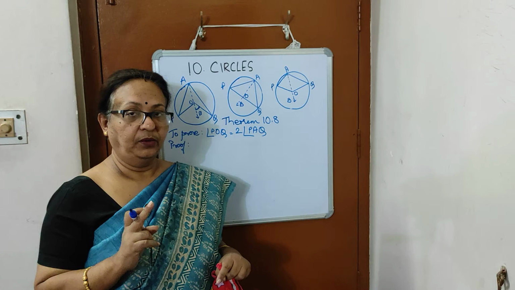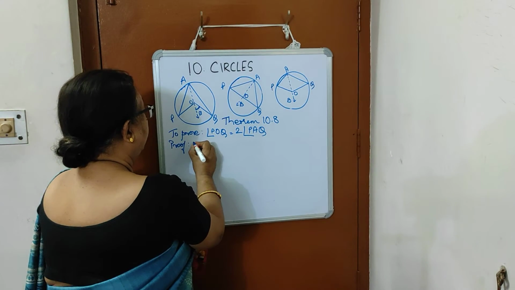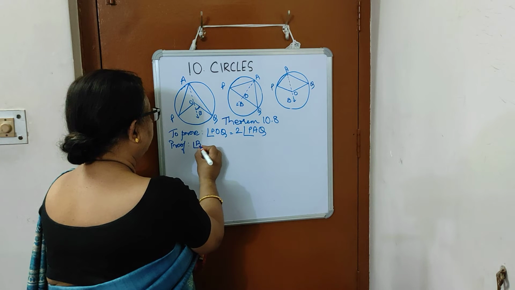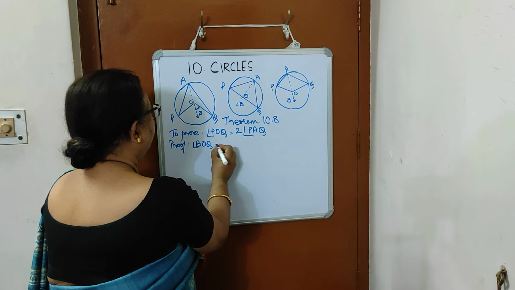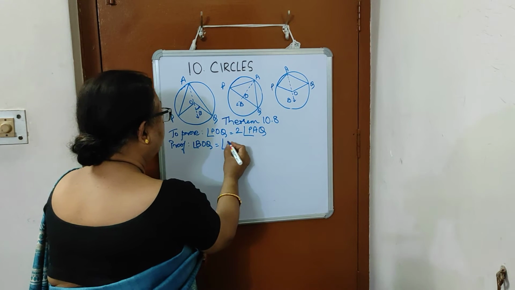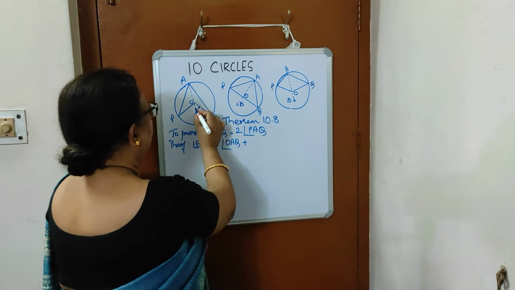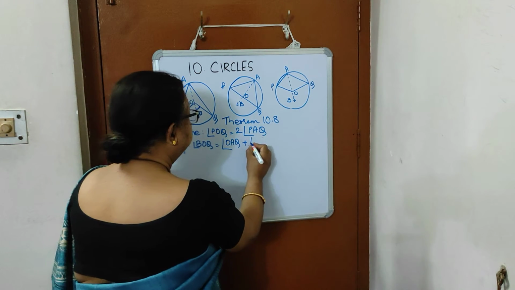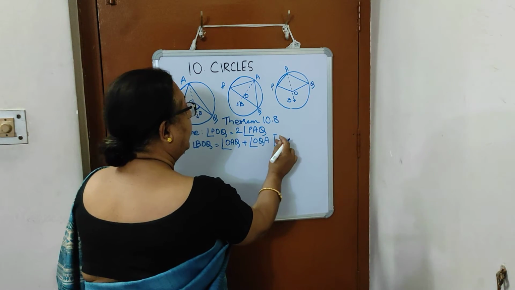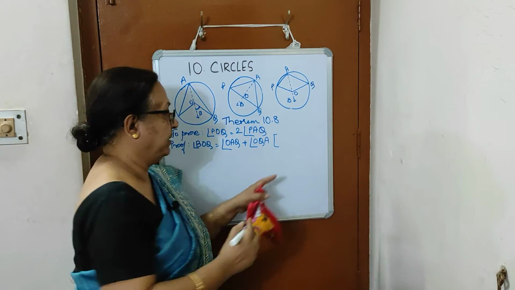This is known to you. So we write here angle BOQ will be equal to angle OAQ plus angle OQA. And you need to write the reason. What is the reason? Exterior angle theorem.